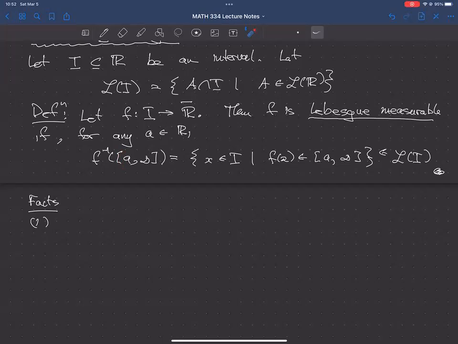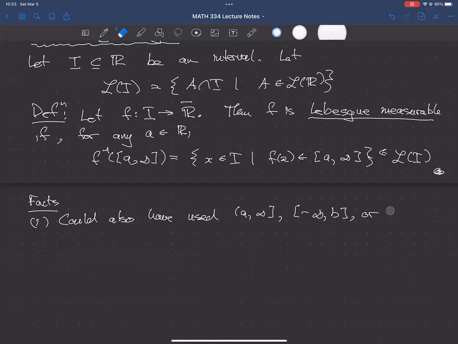We could have used open, and we could also have used (a, infinity), (minus infinity, b), or (minus infinity, b] in the definition.